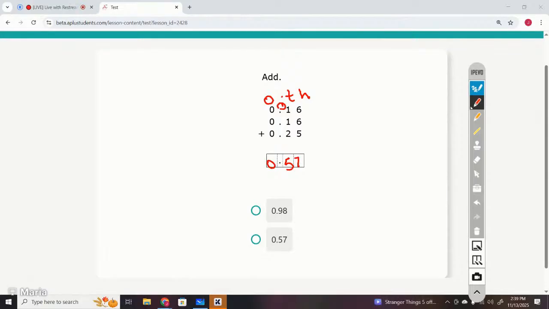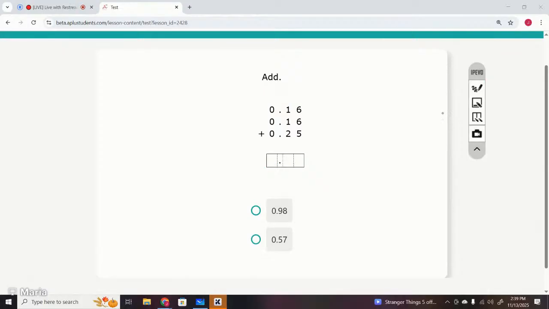The correct option is 0.57. Option number 2 is the correct option. Very good. Okay, add 0.66, 0.51, and 0.14. Which is the correct option?